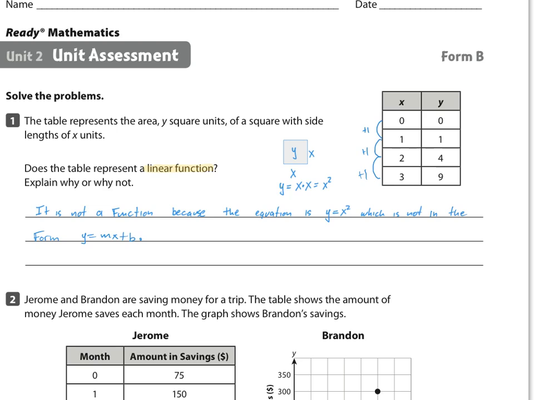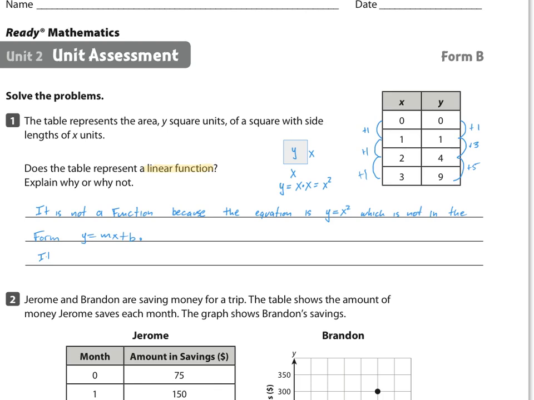Now, on the y values, you have 0 to 1, and that's increasing by 1. And then you do 1 to 4, and that's actually increasing by 3. And from 4 to 9, it's increasing by 5. Since these numbers are constant, but these are not constant, we say that it doesn't have a unit rate. It doesn't have a constant rate of change. So let's write that down.